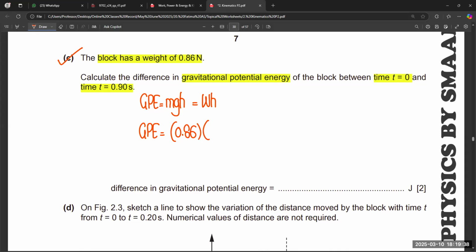So height is 2.2, and the answer is 1.89. So we can also round it off to 2 joules or 1.9, right?